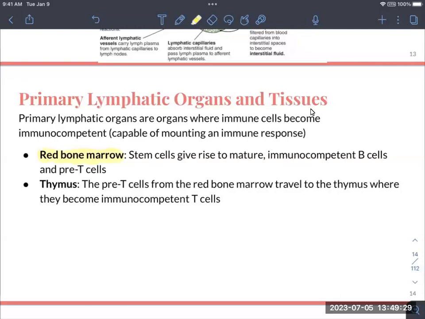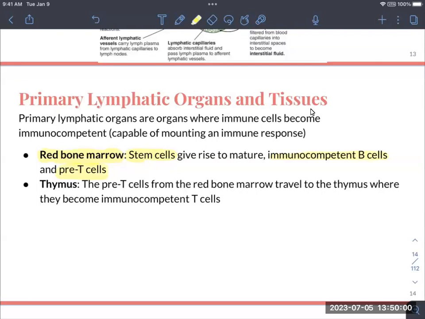We keep stem cells in our red bone marrow that'll make not only our red blood cells, all the different types of white blood cells, as well as those platelets. So red bone marrow, the cells that pertain to our immune system, we have immunocompetent B cells and pre-T cells. These are different types of lymphocytes.